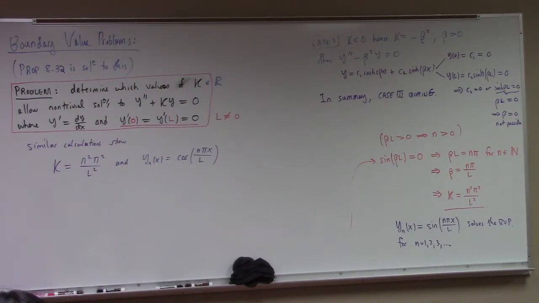You get sine of n pi x over L, right? And then if you plug in 0 and plug in L, it's 0 for essentially the same reasons we just talked about. And by details I haven't shown, again, there's nothing interesting in the other cases.